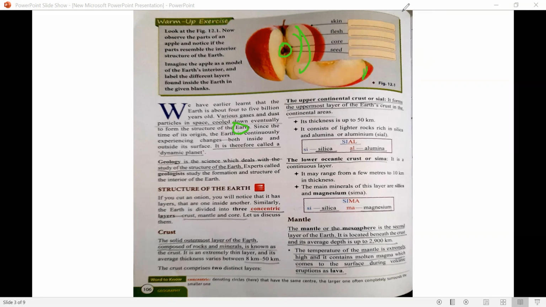So like that, the Earth also has its crust. If I draw an Earth, this is known as the crust. Then the other inside layer is known as the mantle.